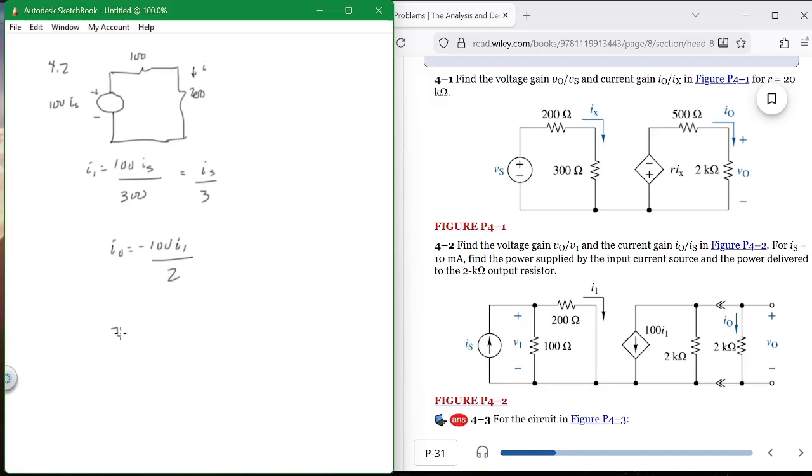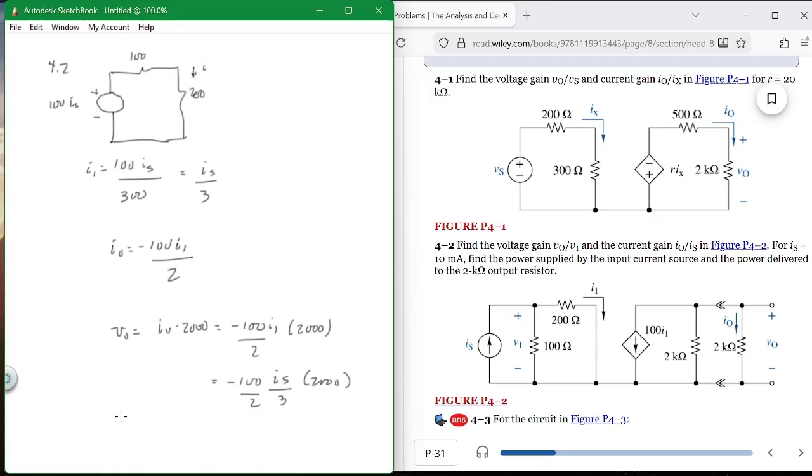So V out is equal to IO times 2,000, or minus 100 I1 over 2 times 2,000. Okay? And what is I1? It's I source divided by 3, this whole thing divided by 2 times 2,000.